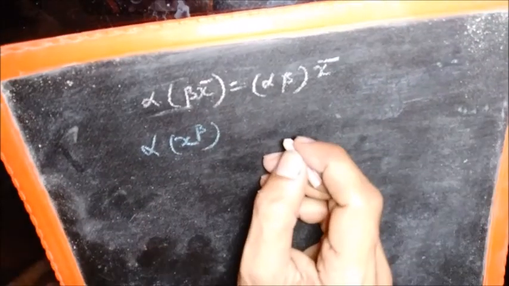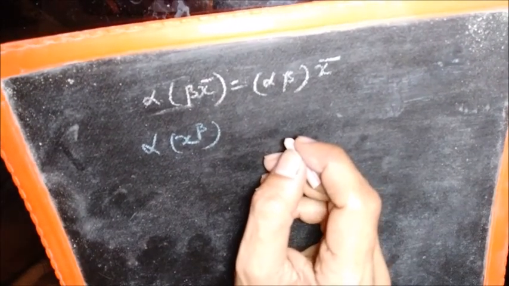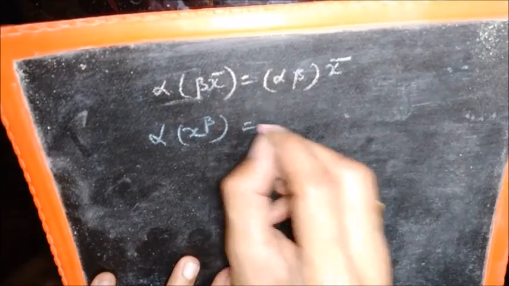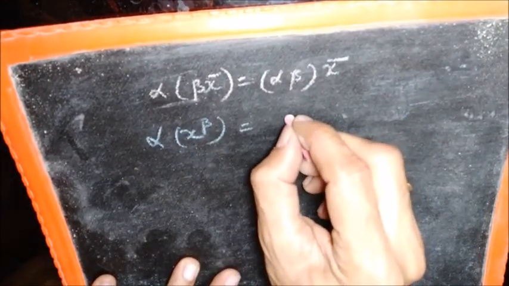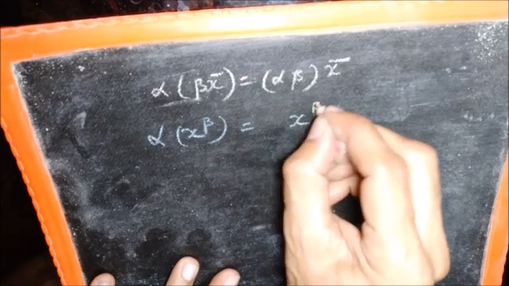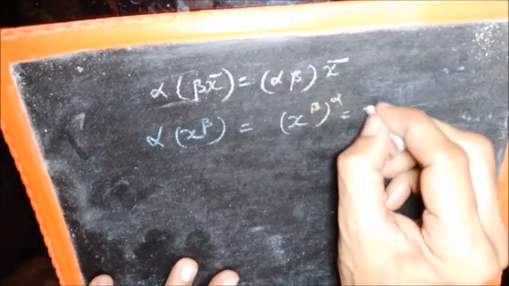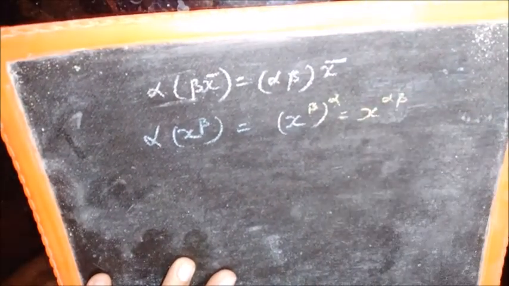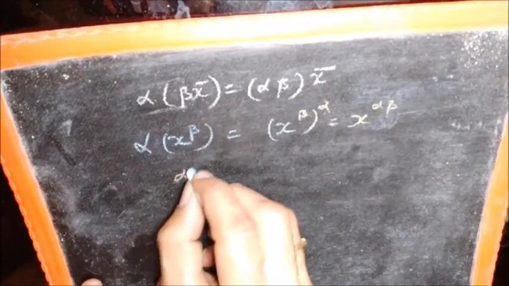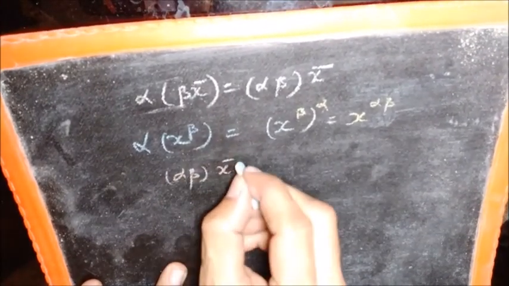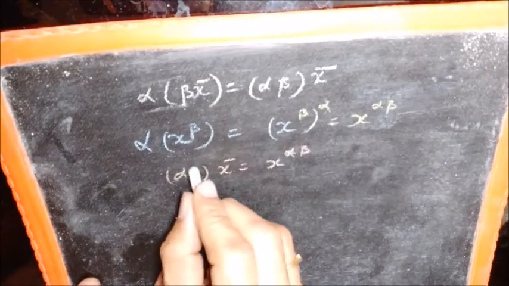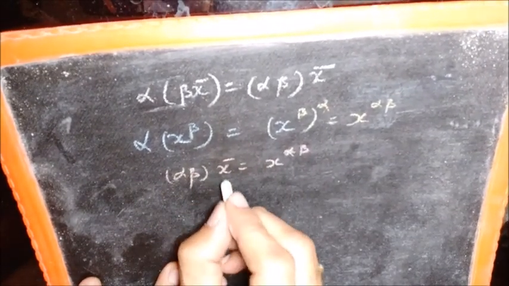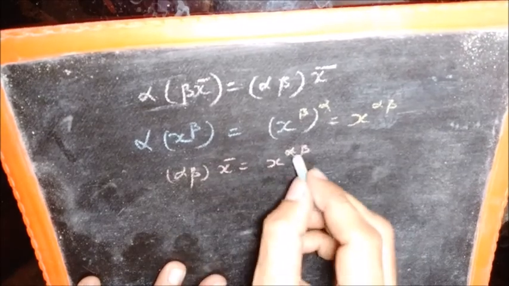On the left hand side, it is alpha into x raised to beta, which, the way we define scalar multiplication, becomes x raised to beta, the whole raised to alpha, that is x raised to alpha beta. And the right hand side is alpha beta into x, which will be x raised to alpha beta, because alpha beta as a whole becomes a single scalar and this is a vector, so x raised to alpha beta.